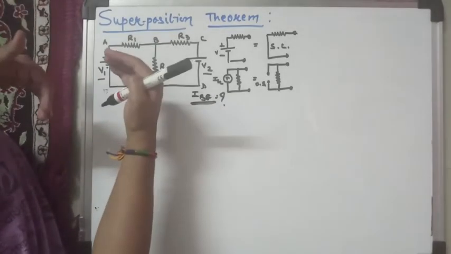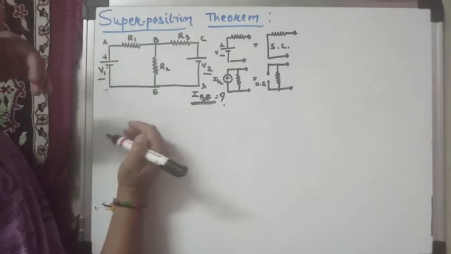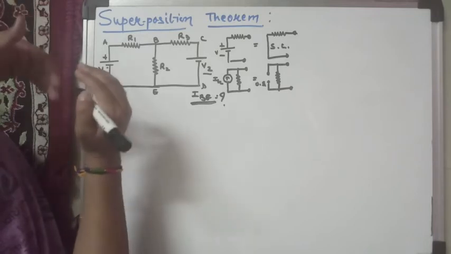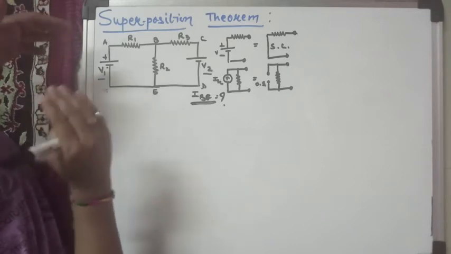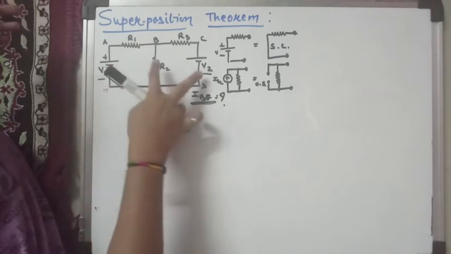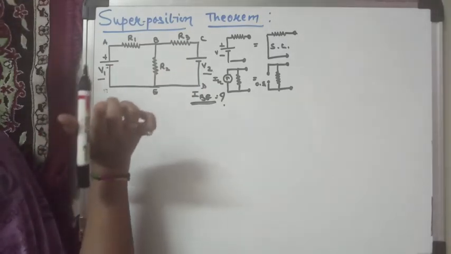Now what are the steps of applying the superposition theorem? In step number 1, always consider one source at a time and replace the other source by its internal resistance, if any. Here two voltage sources are there, so always consider one source at a time.